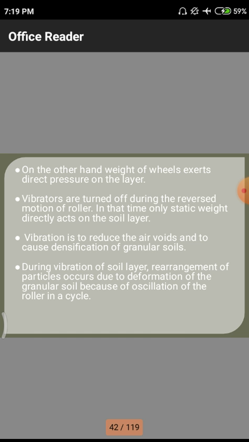Next, vibrations are turned off during the reverse motion of the roller. That means once the roller is moving in a particular forward direction, we have frequent vibrations. It is moving in a slow manner. After it covers a particular road direction, it will move backward with no vibrations.